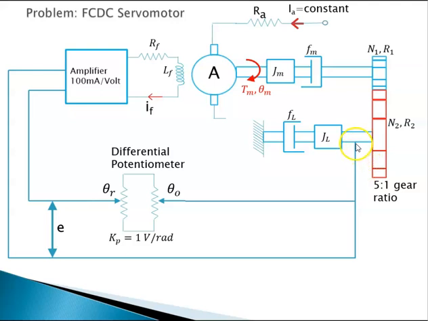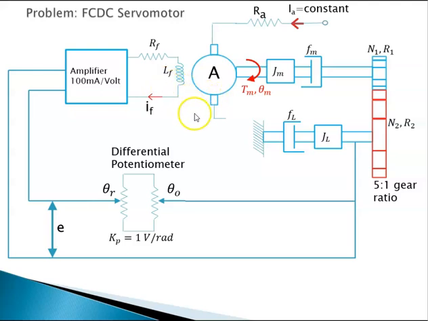So from here you measure theta O, you have reference theta, their difference is fed to the potentiometer. This potentiometer generates 1 volt per radian difference between theta r and theta O. This voltage is fed to an amplifier. The amplifier generates a current which feeds the field circuit.